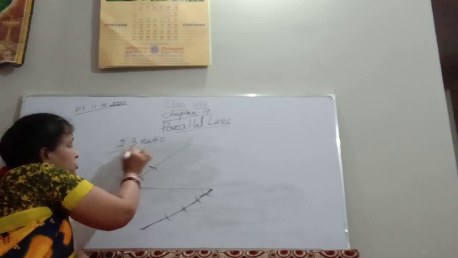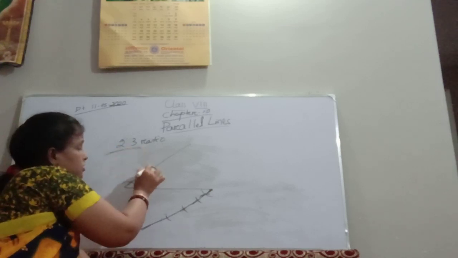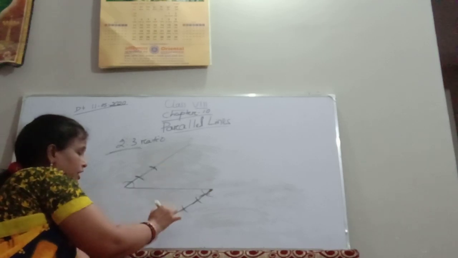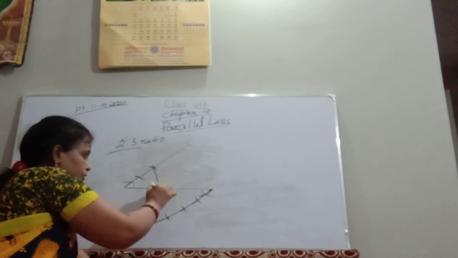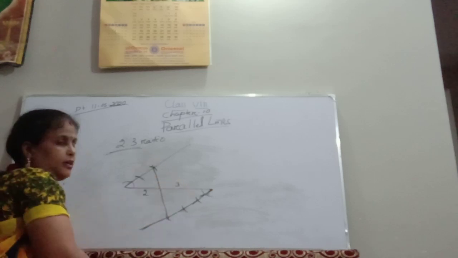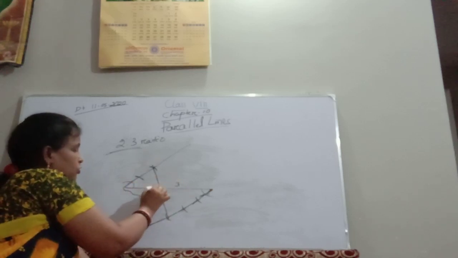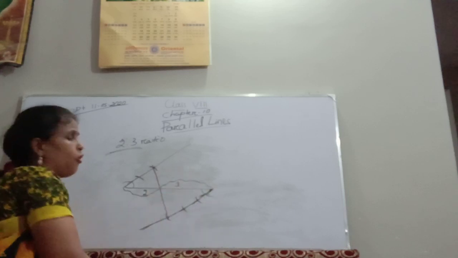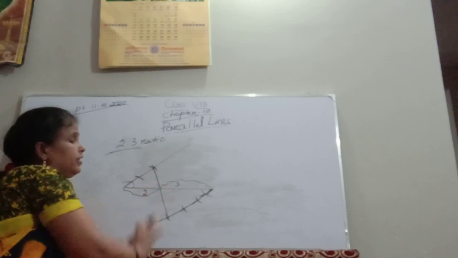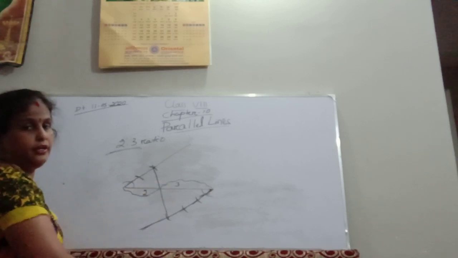But here the question is 2:3, so you draw 2 arcs here and 3 arcs here. So this arc and this arc you have to join. This means this is 2 parts and this is 3 parts. So this total distance is divided in a 2:3 ratio.